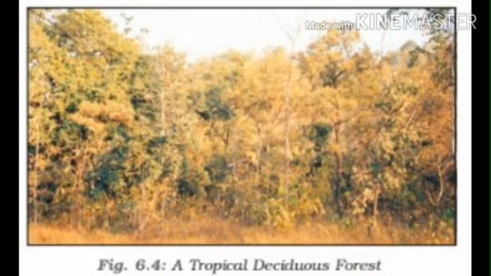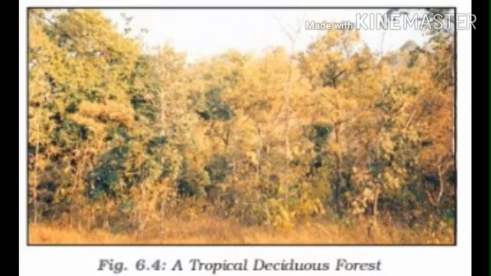Tropical deciduous forest is also called what, children? Yes, very good. Tropical rainforest is also called tropical evergreen forest. Then tropical deciduous forest is also called tropical monsoon forest. What type of vegetation is found in this kind of forest?